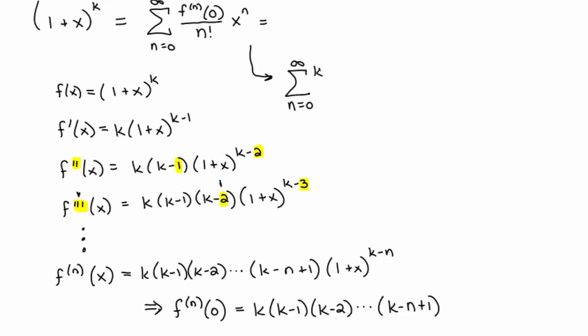So k times k minus 1 times k minus 2, all the way down the line, dot, dot, dot, until you get to k minus n plus 1, and this is all over n factorial x to the n. And that's what they write in the textbooks, but there's something slightly, or actually pretty terribly, incorrect about this.